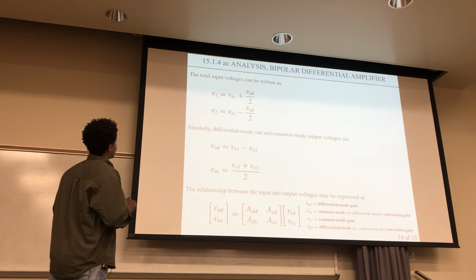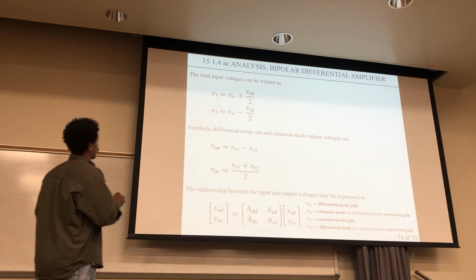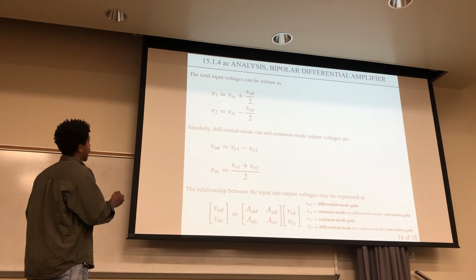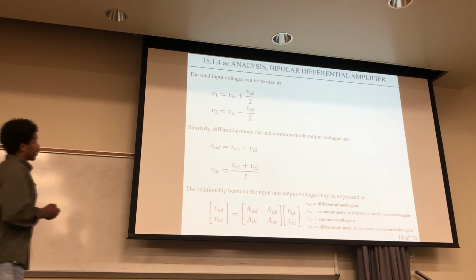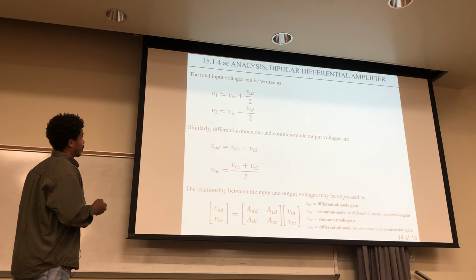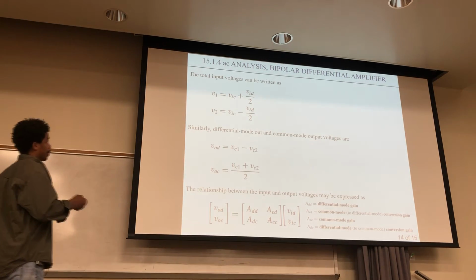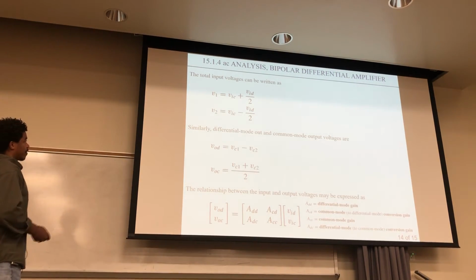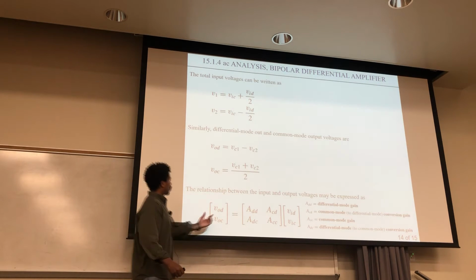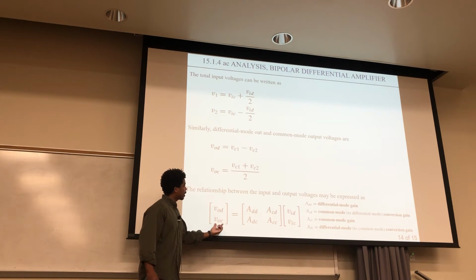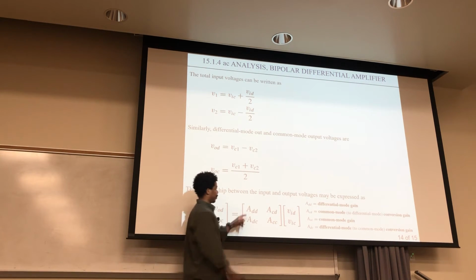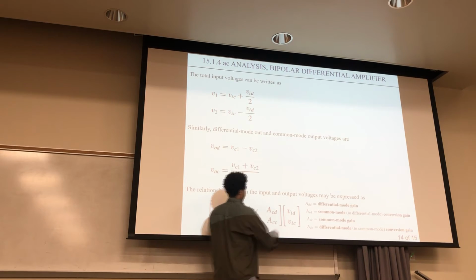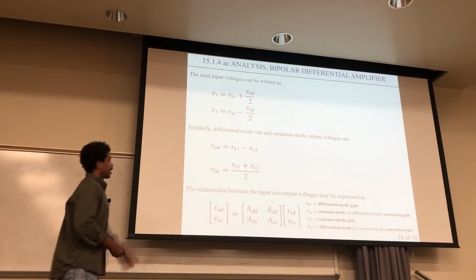So the total input voltages can be written like this, where V1 is VIC plus that, and V2 is VIC minus this right here. Similarly, the differential mode output and common mode output can be written like this. So it's very similar to what we have here. And the relationship between the outputs of the differential and common and the inputs of the differential and common is this matrix right here, where you're just doing your matrix arithmetic.